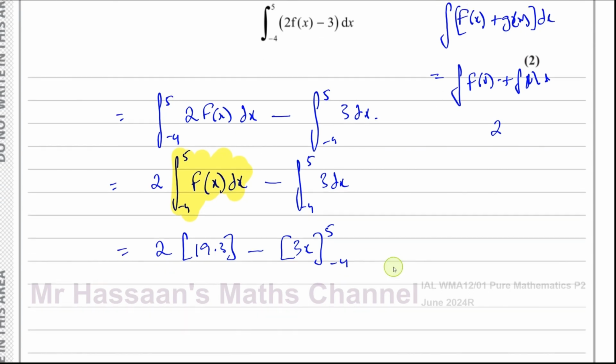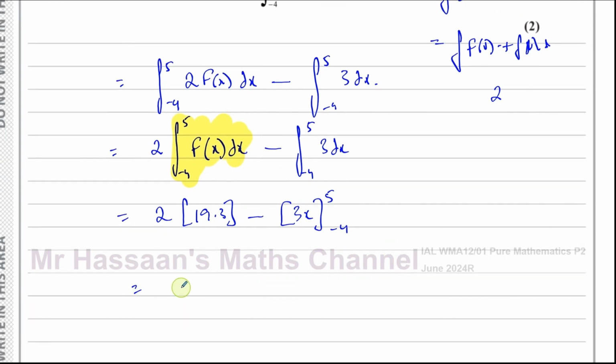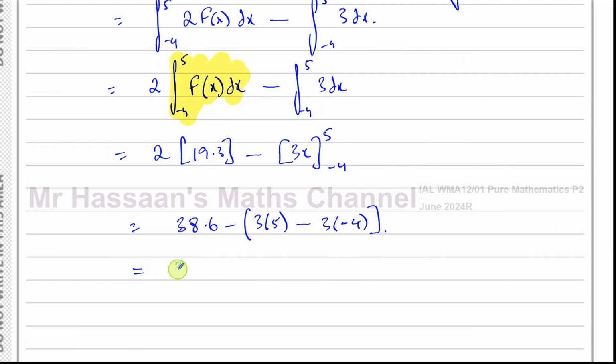Right, so 2 times 19.3 is 38.6 minus, now I'll keep this in a bracket, keep it safe from the minus sign, 3 times 5 minus 3 times negative 4. A bit careful. What I would suggest is you keep this bracket here, and then we calculate what this is, to protect it from this minus sign out there.